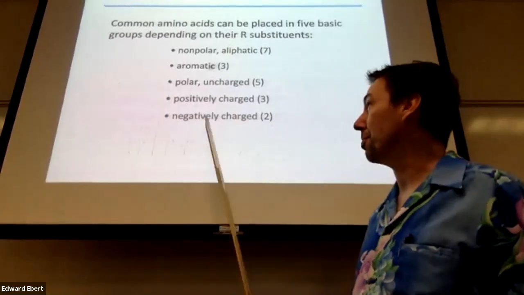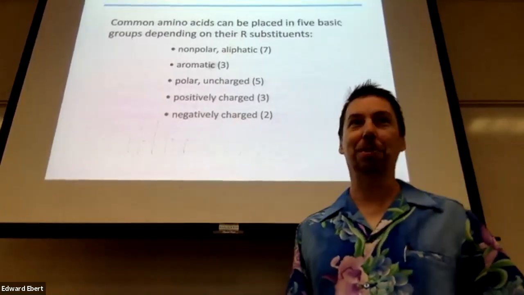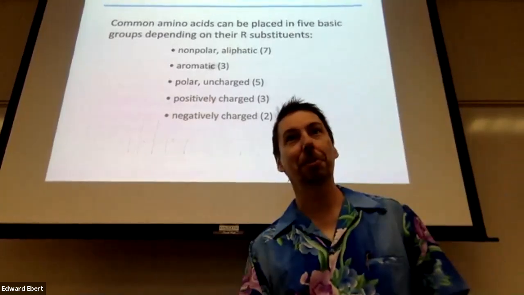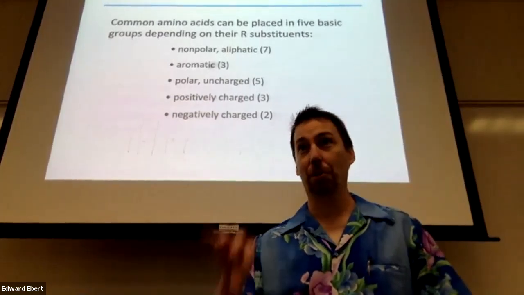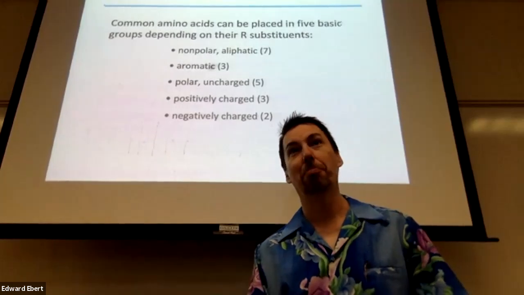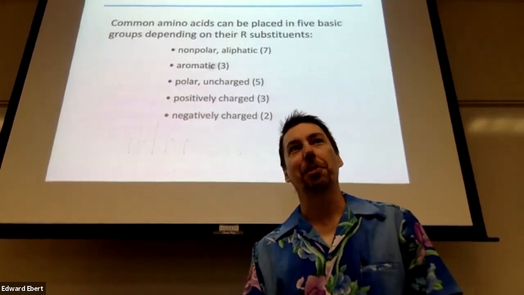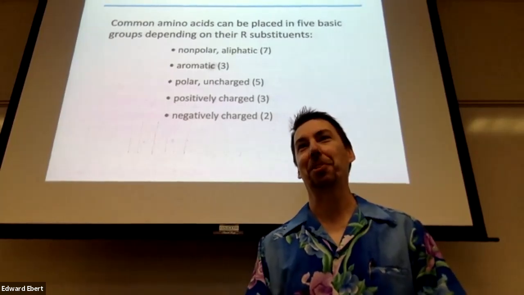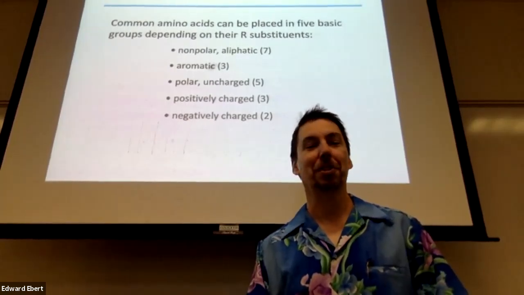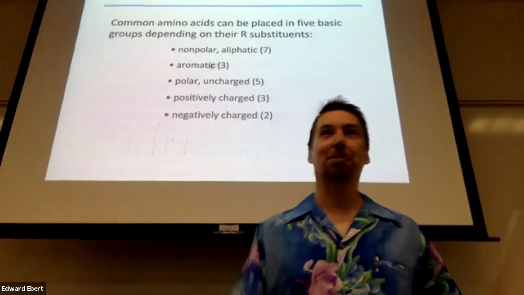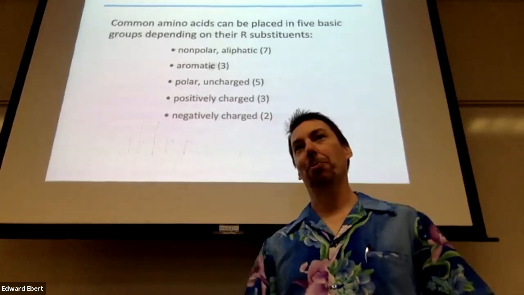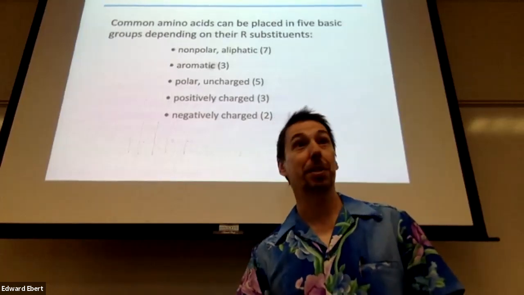You can start with these 2 and say, oh, I'm going to memorize the 2 negatively charged ones. And then I'll memorize the 3 positively charged ones. But a lot of it is just drawing the structures over and over again or working those flashcards. I don't think neural networks for humans have changed that much yet, but there are studies from the past that suggest when you write something down, it makes a connection with your brain and you retain it longer.